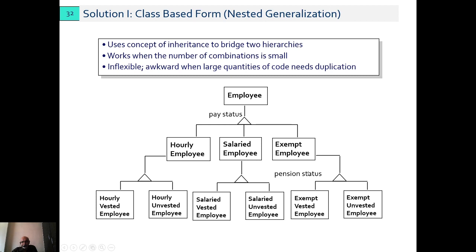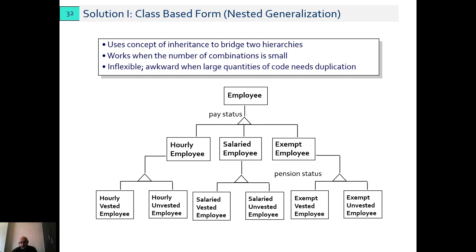So the pension status is a discriminator, and pay status can be a discriminator, which does the categorization for these three categories, right? So this is nested generalization, but only three levels are there here. I was commenting that you should not go beyond three levels repeatedly, because that will contaminate things.